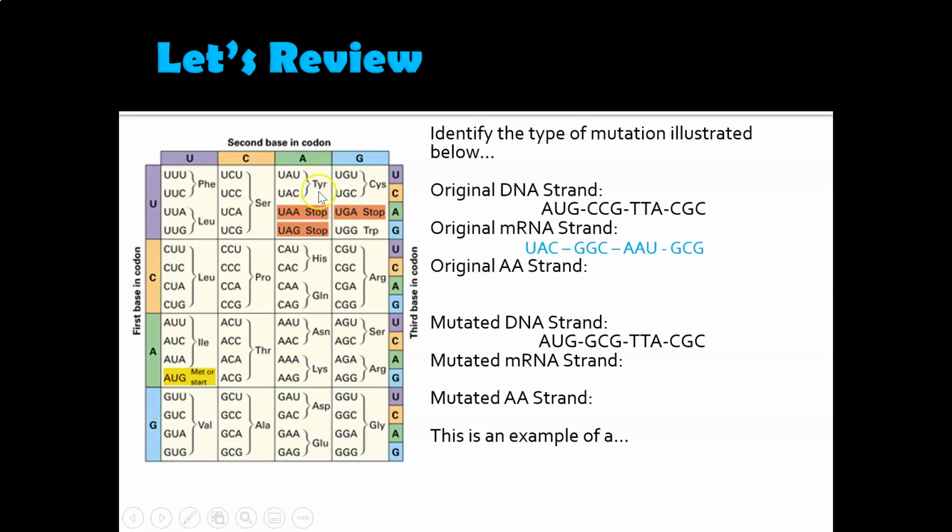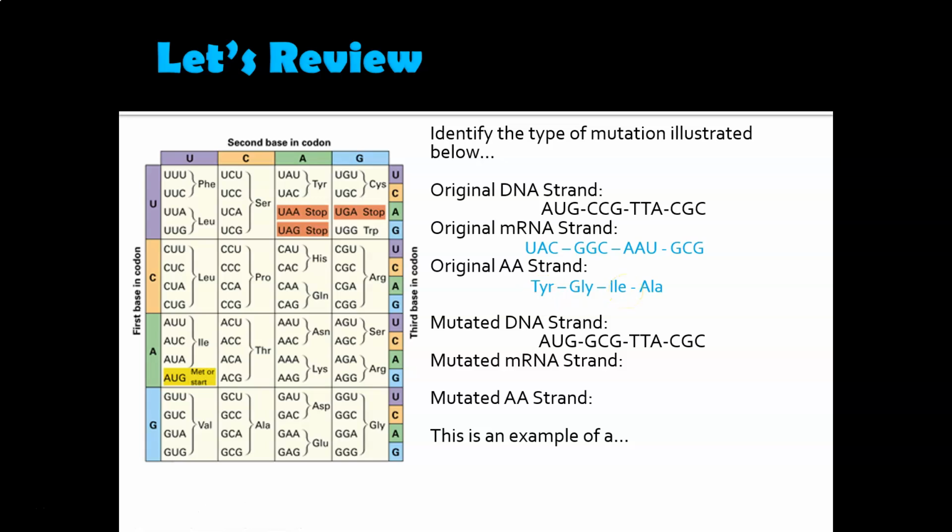And there's my C, so my first amino acid is that tyrosine. GGC, so down here, I've got a G, a second G tells me I'm in this box, GGC, here's that GLY or glycine. So my original amino acid sequence looks like this.